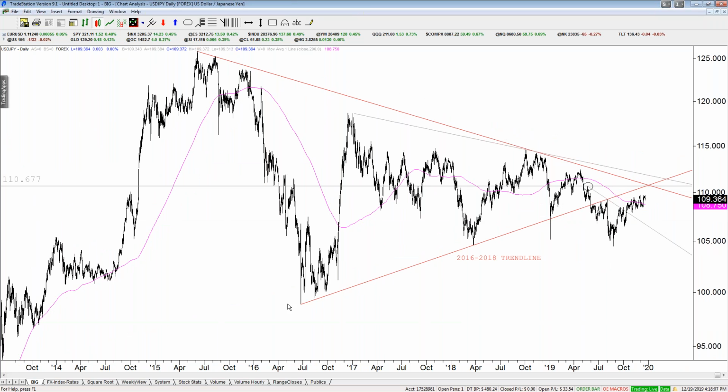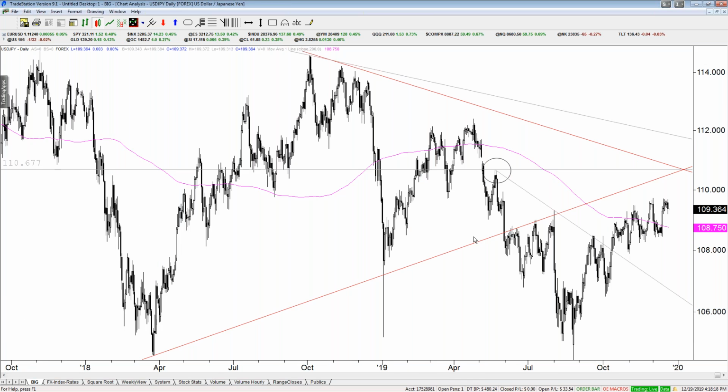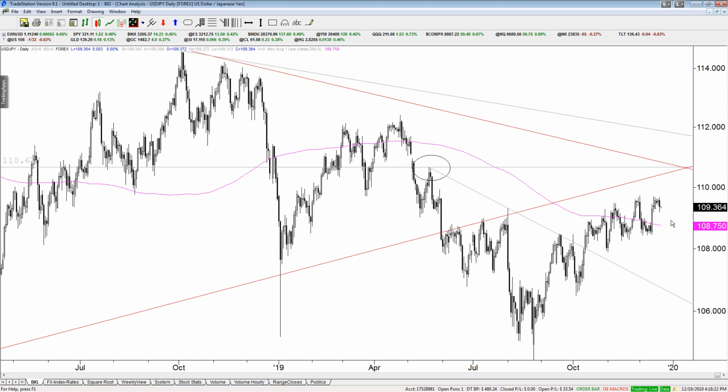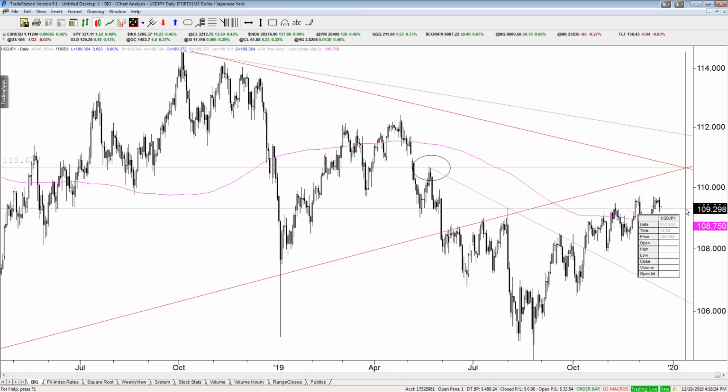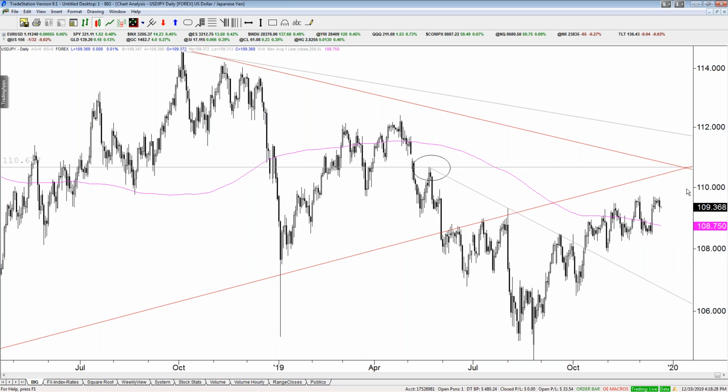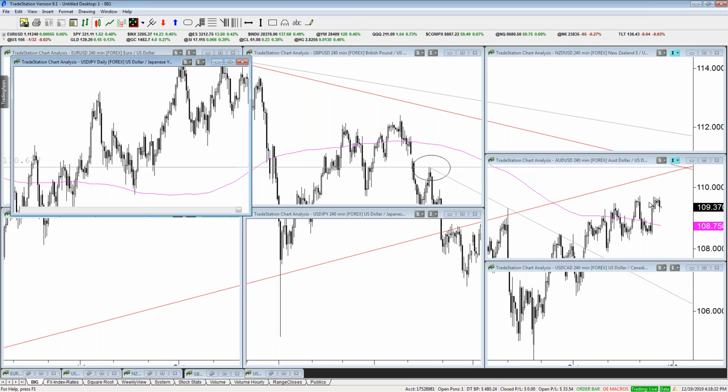The 2016-18 line all the way back to 2015 is going to be right there, really at the very end of the year, at 110.70, and that is also, of course, the high from May. So if we get up towards that area by the end of the year, I'd be interested in seeing what it looks like. But just kind of have that in the back of your mind, I think.